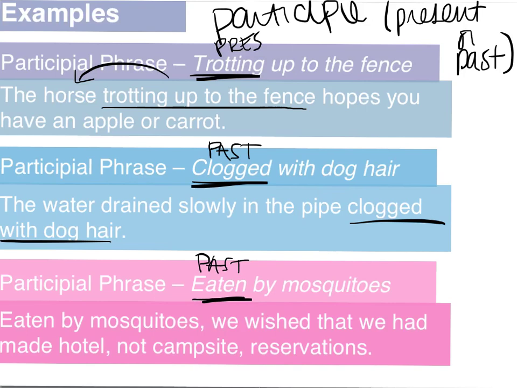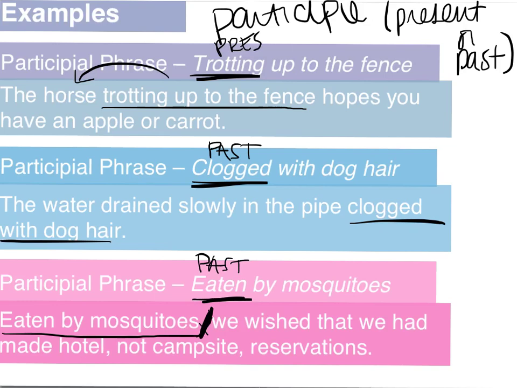But in this last one, eaten by mosquitoes, we do find ourselves with a comma because the comma acts as a visual cue telling you that this is separate. Also, if we had taken out this comma, it would have flowed in a much different way. You wouldn't have the pause between eaten by mosquitoes and we wish that we had made reservations.